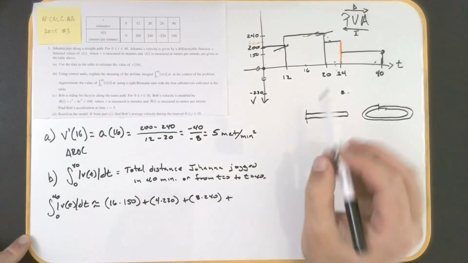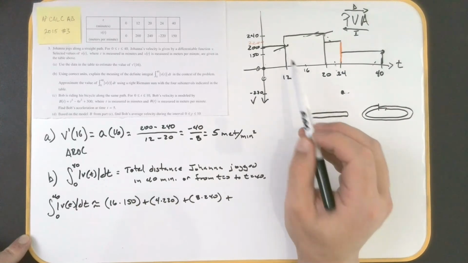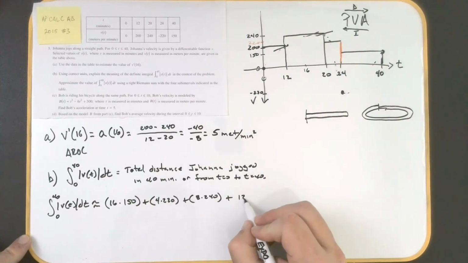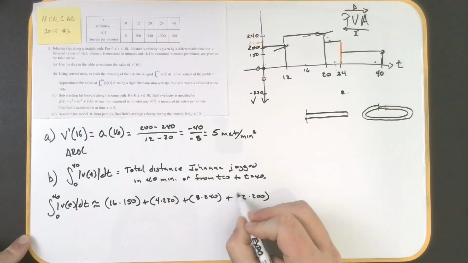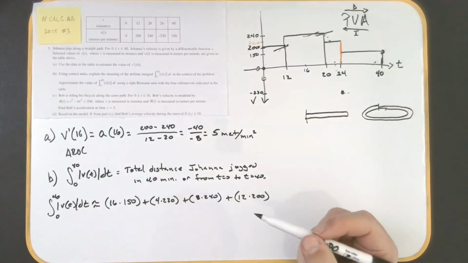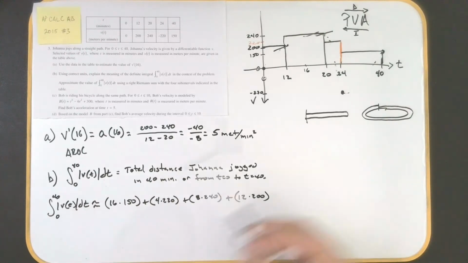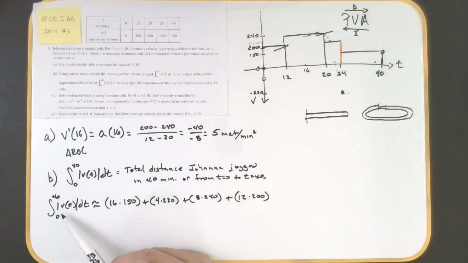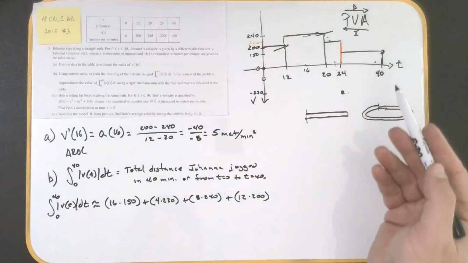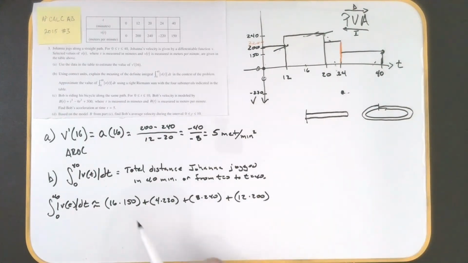And then my next one here, my width is 12 and my height is 200. Once again, it's always going to be emphasized that integration is represented geometrically by area under the curve. We're integrating the velocity function, or approximating it actually, with our 4 Riemann sums.